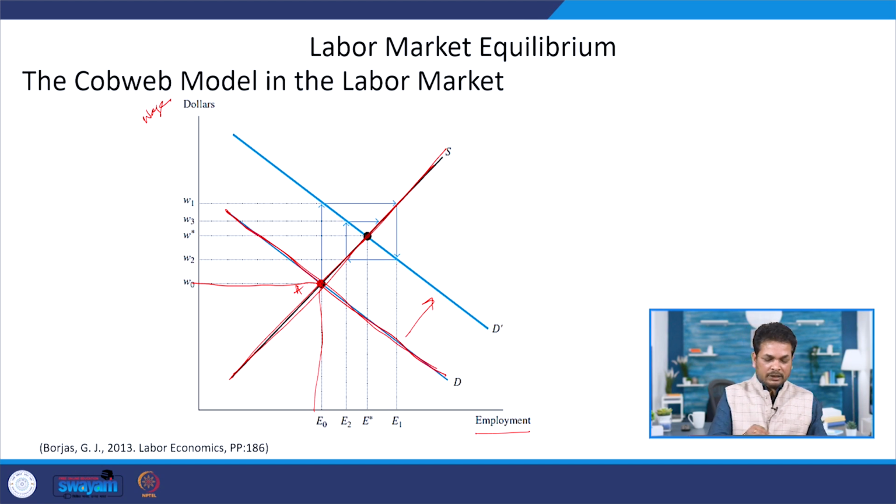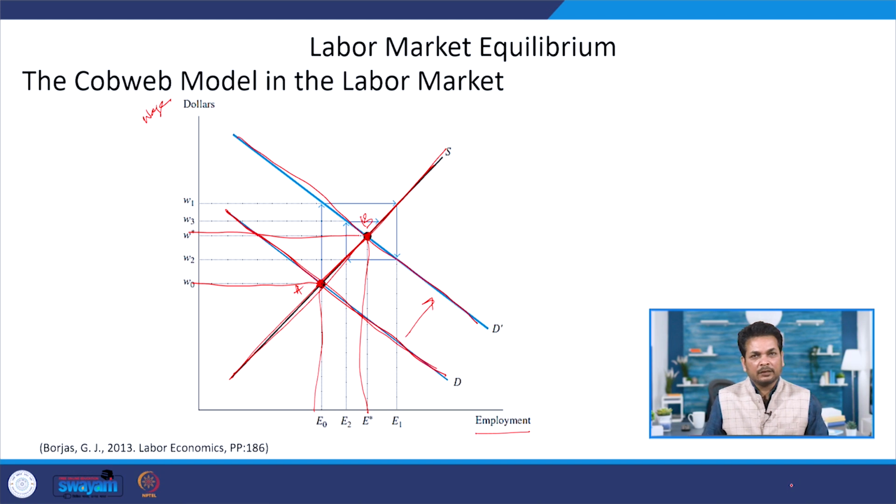Now, the demand function has shifted from D to D dash, and at this new demand function, E star workers should be employed at W star wage rate. So, this should have happened, and the labor market should have moved from point A to point B.